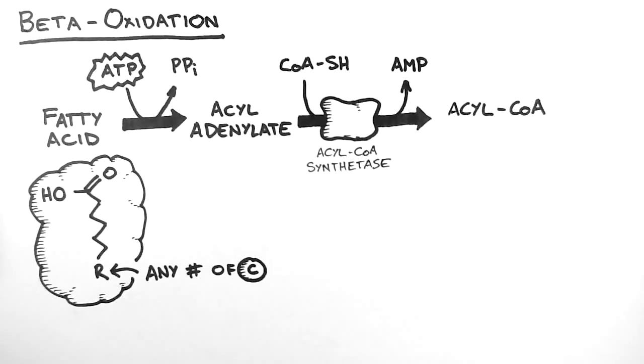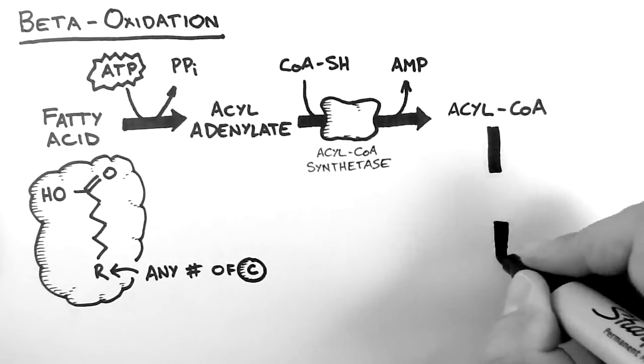Now, if the acyl-CoA has 12 carbons or less, then it can just diffuse through the inner mitochondrial membrane and undergo beta oxidation. However, most fatty acids in our diet have more than 14 carbons, so they get taken through the inner mitochondrial membrane using the carnitine shuttle. I'll show you how that works now.